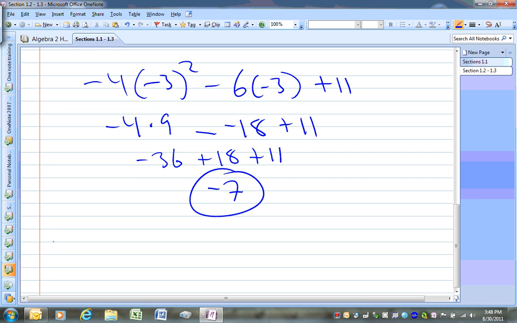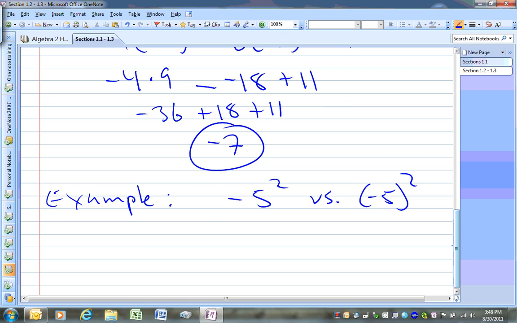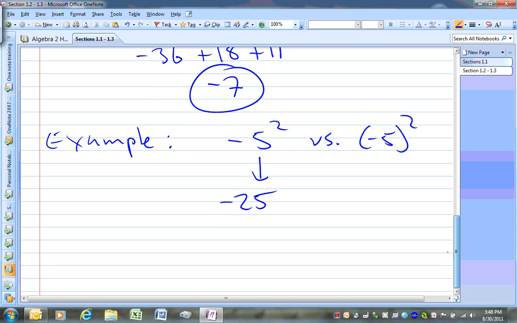Another example will be the difference between these two. Hopefully you guys can see why these are different. This will just be negative 25 because you do the exponent first, and you're actually multiplying negative 1 second.